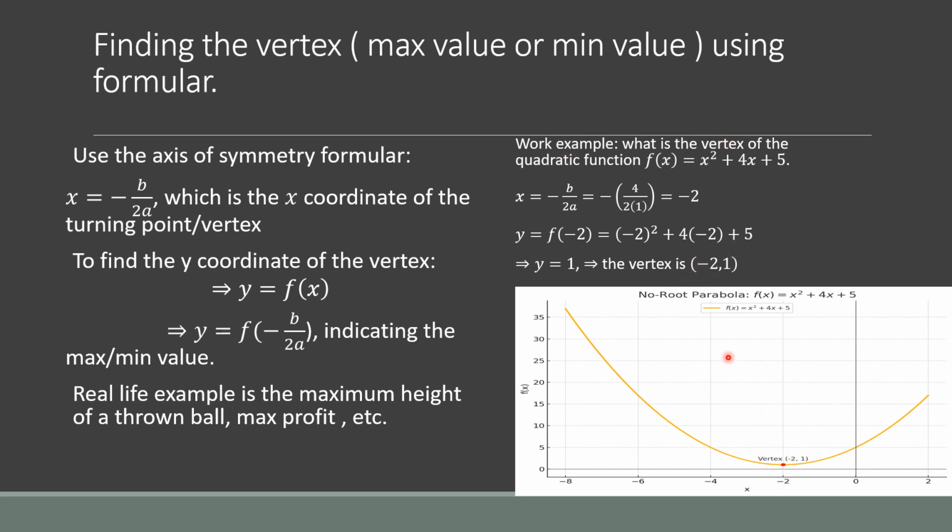We didn't use the graph, we used the calculation as it has been calculated here. And here, the minimum value is 1 because the least value of y is 1 and the axis of symmetry is minus 2.